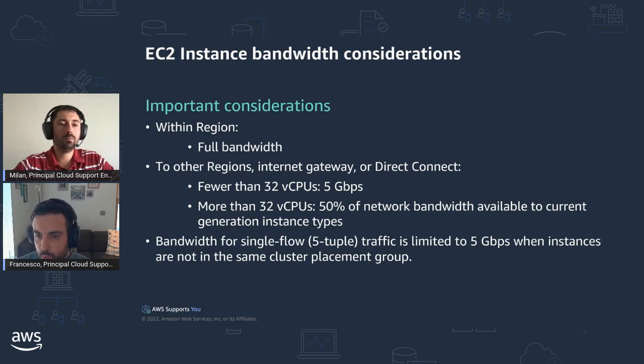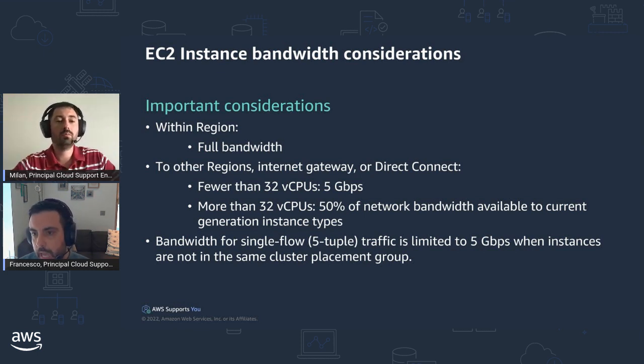This is not too much of an issue for most customers, since you will have a number of clients or other parts of the application using a number of different flows, which will allow you to grow beyond the 5 gigabits. But for some customers it may be a bit of a limitation when you have a single flow, so you're limited by your application to use a single flow.